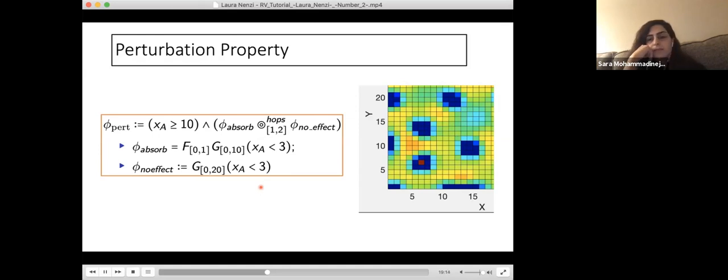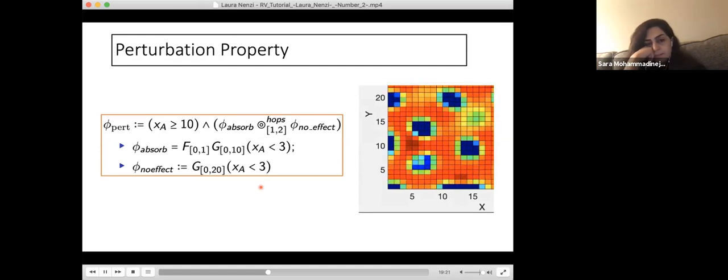Okay, so here we can see the evolution in time of the trajectory, and you can see that the perturbation is easily absorbed by the system and is not going out from the spot. Indeed, if we check, the property is satisfied by the trajectory.